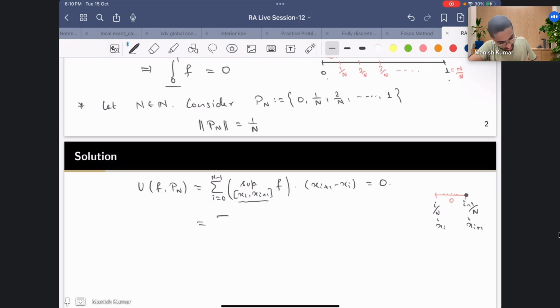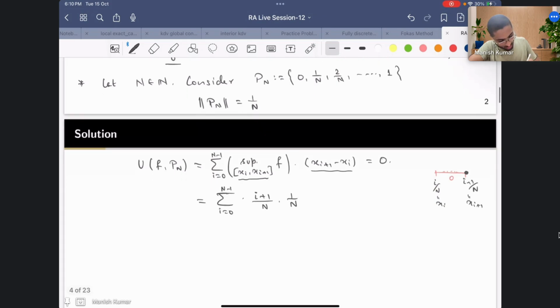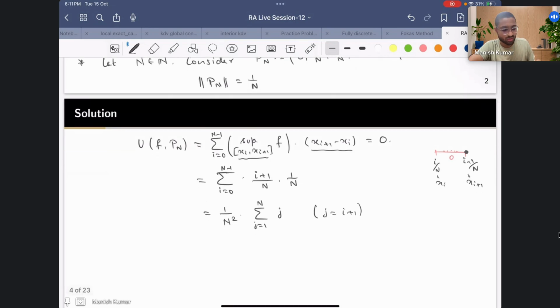So I'll write summation i from 0 to n minus 1. Then you have i plus 1 upon n. And then what will be the length? Length would be 1 by n, right? So this is nothing but 1 by n square, which I'll take outside, and then summation you have i plus 1. I'm replacing i plus 1 by some new variable, let's call it j. So j is nothing but i plus 1, so j will vary from 1 to n, because i is varying from 0 to n minus 1.